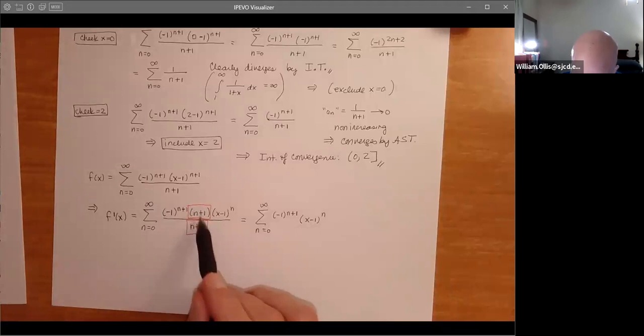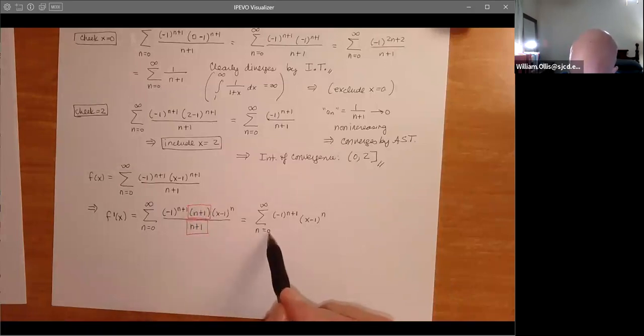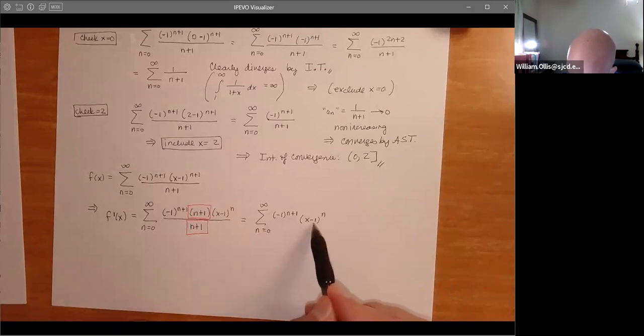Notice with the n plus 1 here, we just get 1 here. So when we bring down the n plus 1, we just get 1. And so now we don't get a 0 term, so to speak. So when we differentiate this, n equals 0 is actually non-zero. That is, when n equals 0, we just get a -1 term.